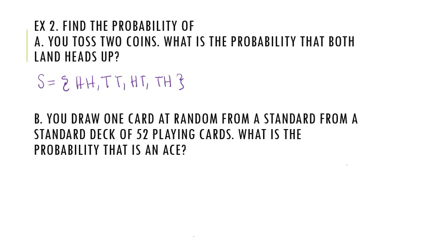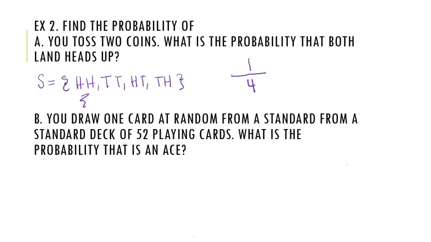So we have the total for the sample space is 4. And then on the top you put how many times did we get heads up for both? That would only be 1. So your probability would be 1/4.